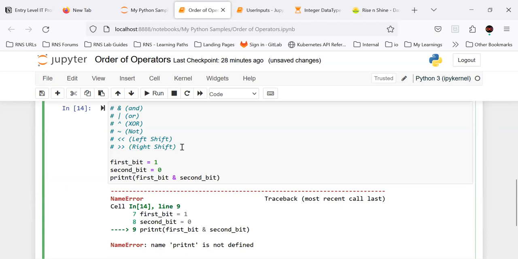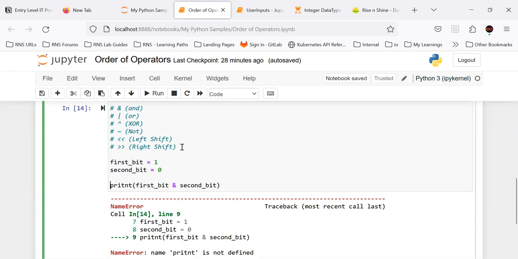The first bit and second bit. Here I'm using that AND operator. Anyone? AND operator?